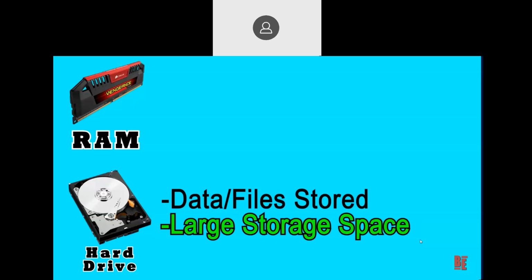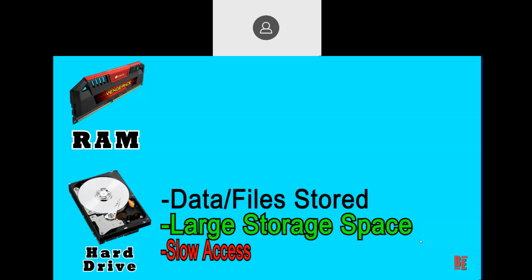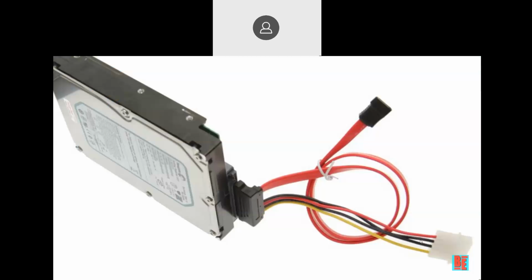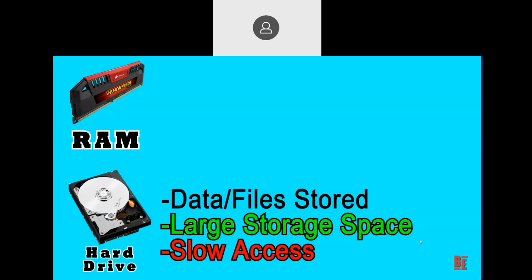While hard drives can store lots of data, they're relatively bad at accessing that data quickly. Everything is accessed through a tiny little wire here, and because most hard drives are made up of spinning disks, your hard drive isn't going to be able to constantly give your CPU the information it needs to run certain programs. That's where RAM comes in.